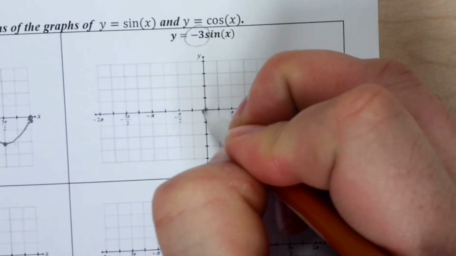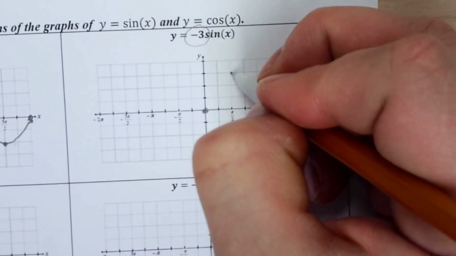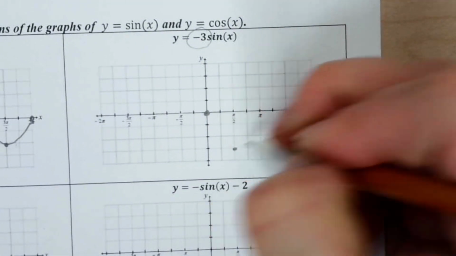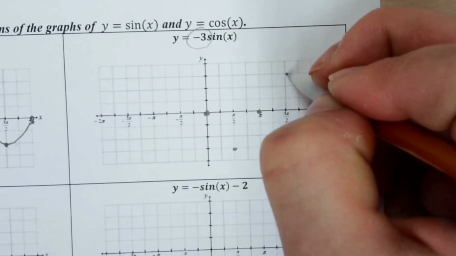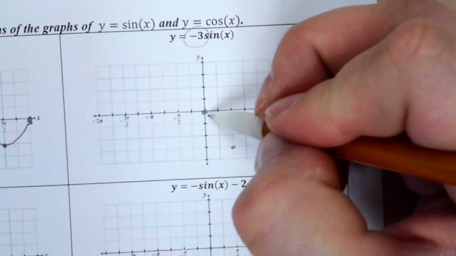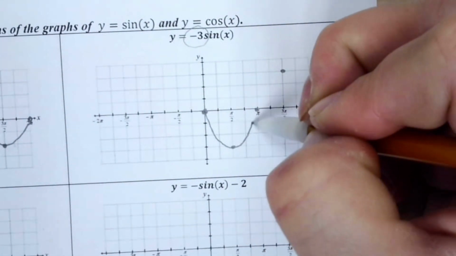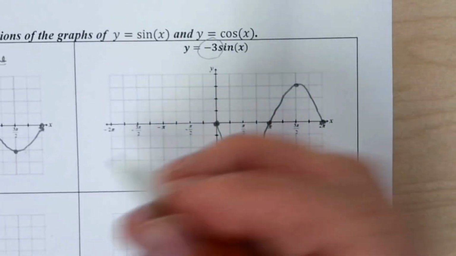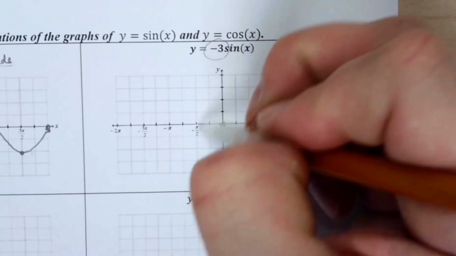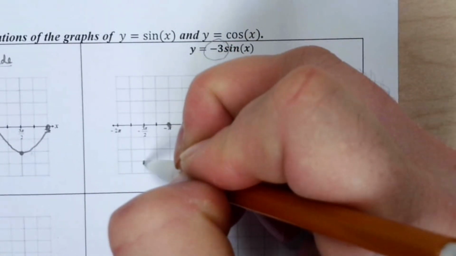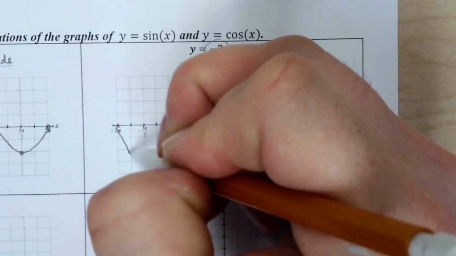So normally we would go 0, 3, but because it's negative I actually go 0, -3, 0, +3, 0. I'm going to sketch this one right away. This is -3 sine from 0 to 2 pi. Now let's go the other way. This is normally down here, but now it's up here. 0, -3, 0.